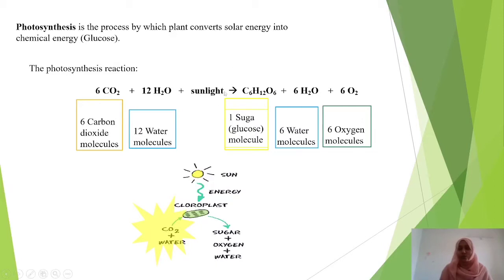One glucose molecule is synthesized in the presence of sunlight by consuming 6 carbon dioxide molecules from the atmosphere through the stomata, and 12 water molecules entering from the soil into the plant root. This is how the reaction is completed. One glucose molecule is produced as a product, and 6 water molecules evolve out during transpiration, and 6 oxygen molecules go out into the atmosphere from the same part, the stomata.